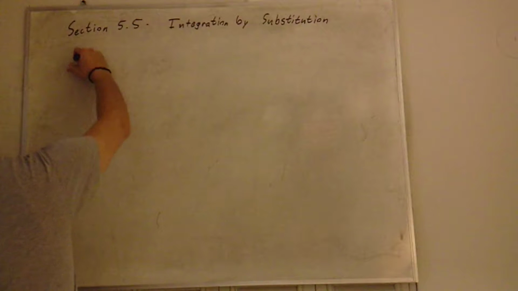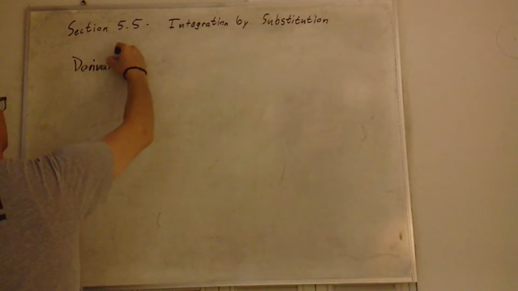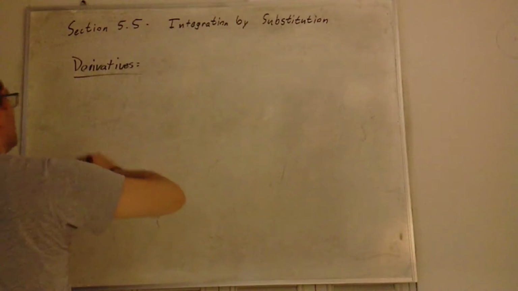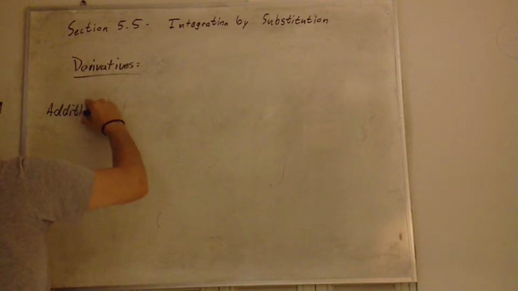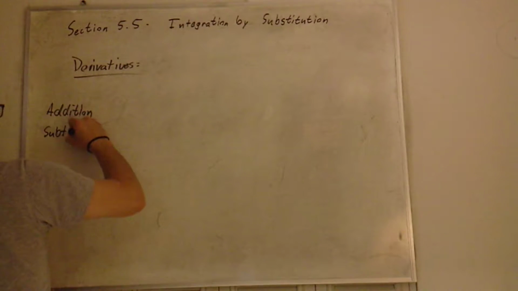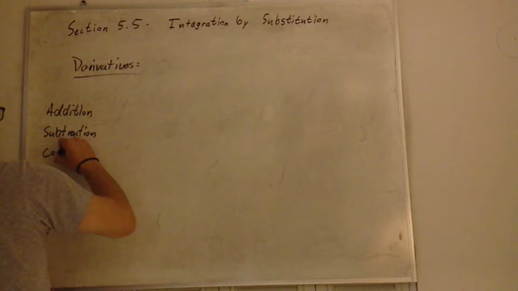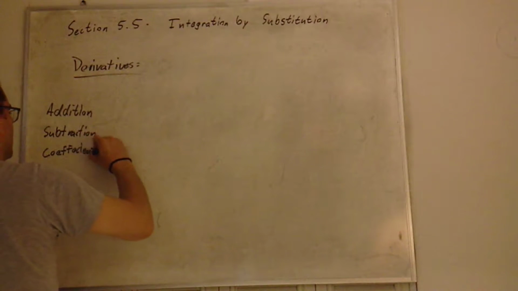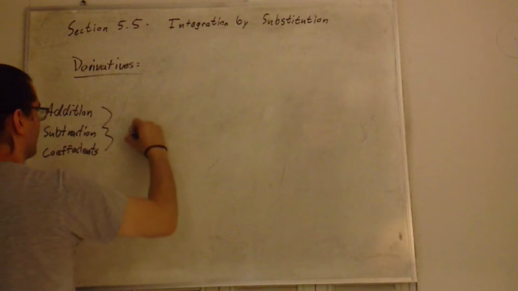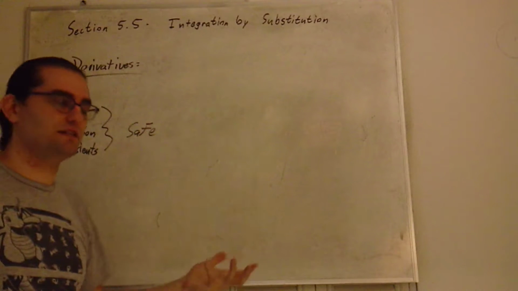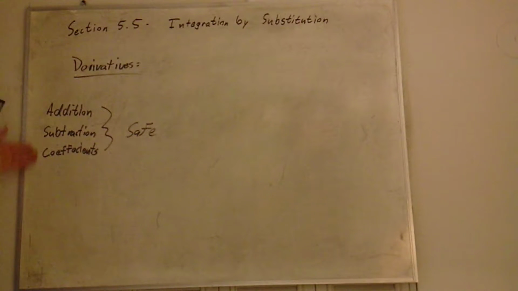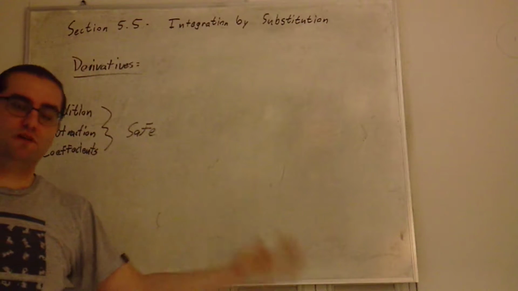When we did derivatives, we decided that addition, subtraction, and coefficients are safe. If these things appear in your function, you don't have to do any weird special fancy nonsense to take derivatives of them. They behave like you would expect them to while taking a derivative.